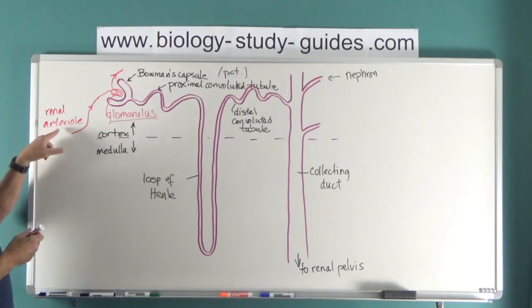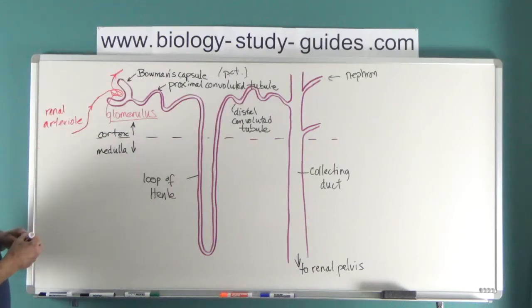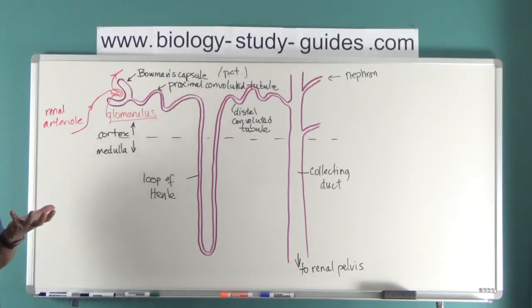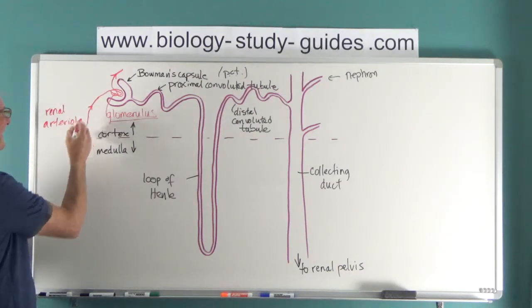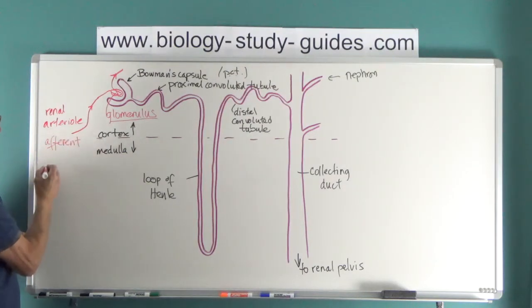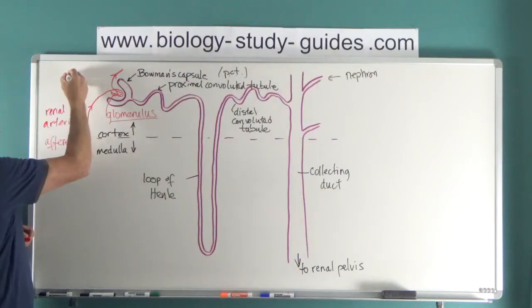I mentioned that this is an arteriole. This is still an arteriole. Well, now that we've got two arterioles in the same region, we have to call them something different. We can't say, oh yeah, the arteriole. No, there's two of them. This one that takes the blood in is the afferent arteriole. This one that takes the blood out is the efferent arteriole.